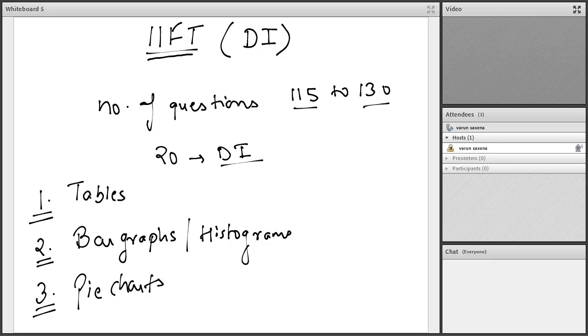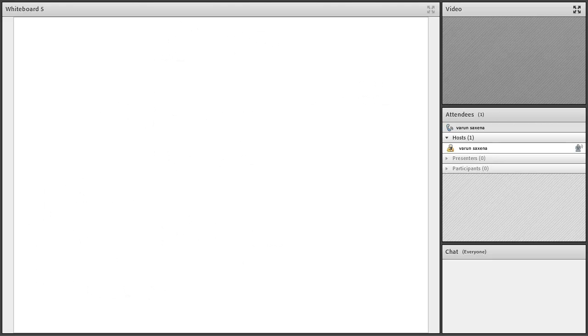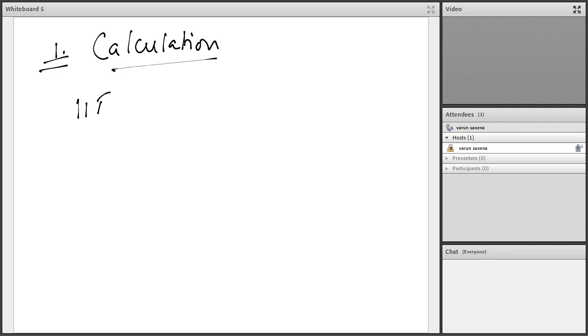Again, how DI in IIFT is different from CAT: obviously these three topics are important, plus the most important thing in IIFT is calculation. The paper of IIFT is going to test your calculation skills.